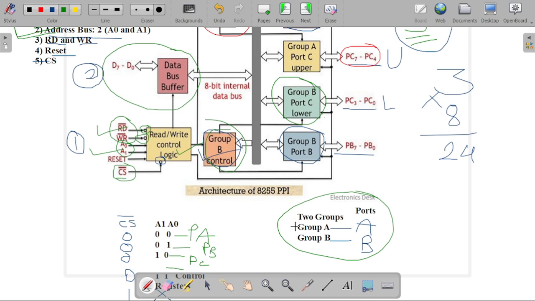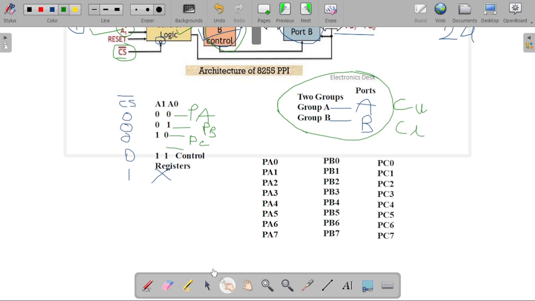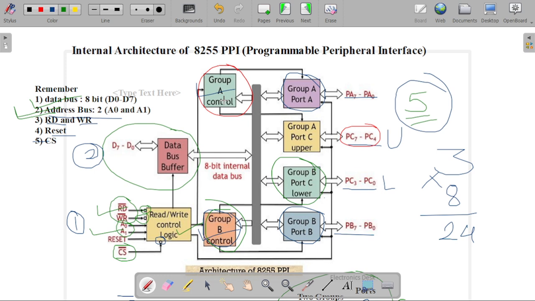There are two groups, group A and group B. Group A is port A and the upper part of port C, and group B is port B and the lower part of port C. These pins are considered in port A, port B, and port C, so a total of 24 pins are there.